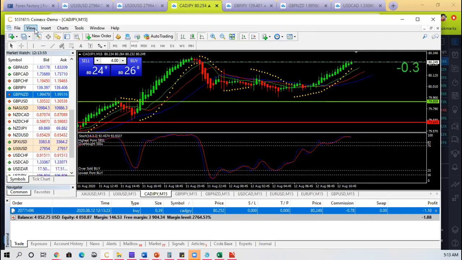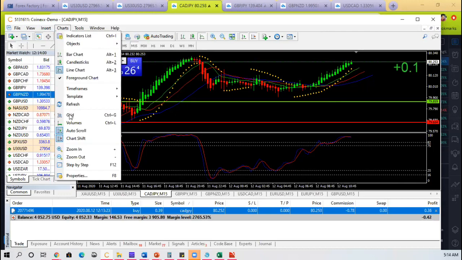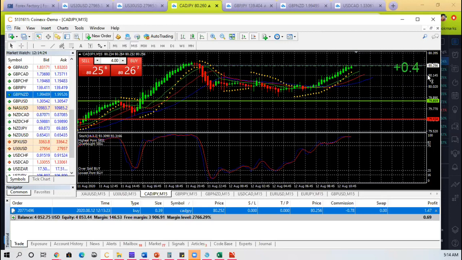Now, if you have the grid on your chart, you can see that this number right here is lining up under that third PSAR. Now watch what happens when I come over here to my price. I left click and I move it. Now I've got this grid line right up under that second PSAR, and I can look over and see what that price point is. So that is going to be my stop loss.